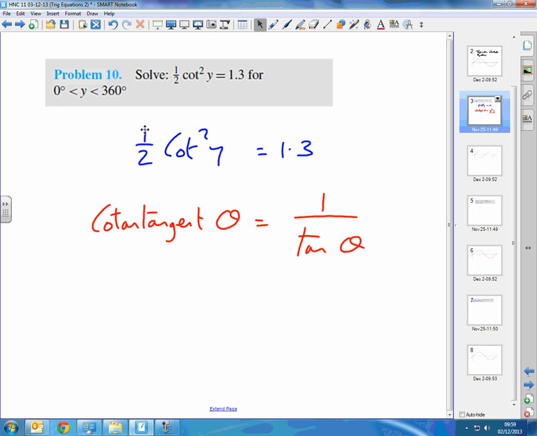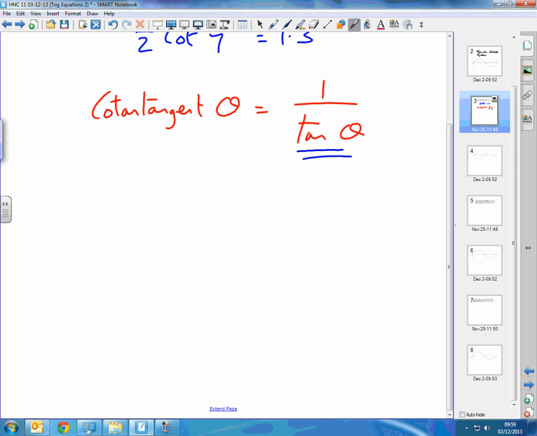So we're going to use that fact to help us put it in terms of the tangent function, which we're more familiar with and which the calculator will allow us to calculate. So, looking at this equation, half cot squared y equals 1.3, multiply both sides by 2, and we get cot squared y equals 2 times 1.3, which is 2.6.